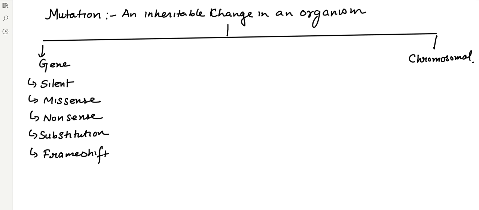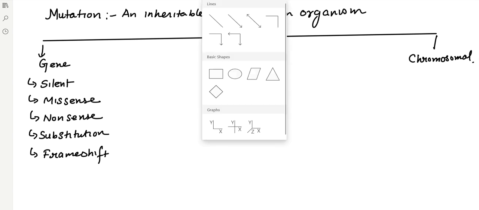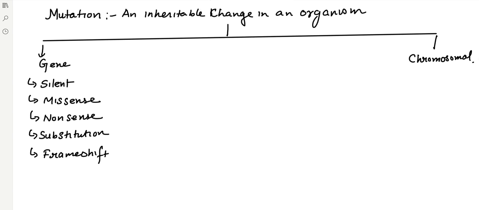On the other hand, if we are talking about chromosomal mutation, we can divide chromosomal mutation into two different types. And what are these two different types we have? So the first type is called chromosomal aberrations. ठीक है, एक टाइप को हम लोग क्या बोलते हैं? chromosomal aberrations बोलते हैं. Now what is chromosomal aberrations?